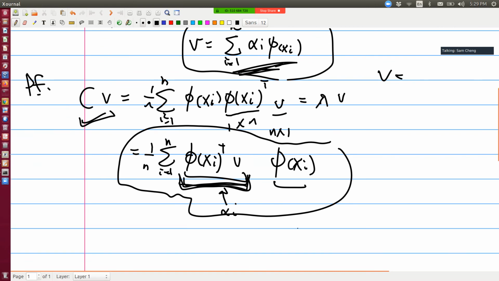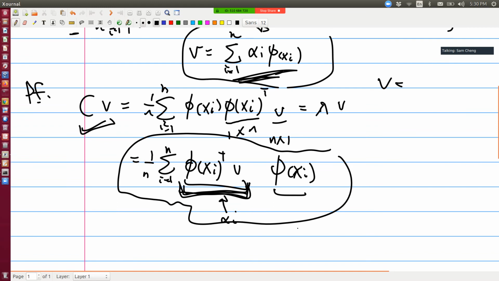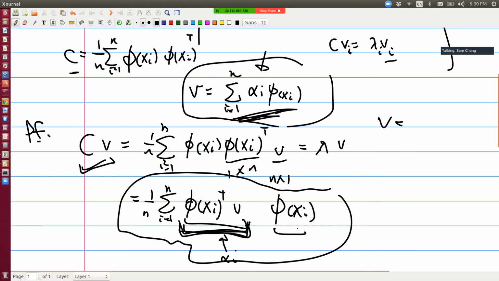Now, since my V can be written this way, let me substitute this back to here and see what happens. If I take V in this form, I want to see if I can solve out alpha somehow.